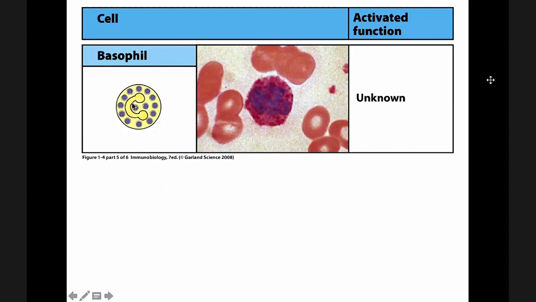Basophils: their function for a long time has been unknown. They have been described as playing a role in some allergic reactions, but this is still not well established.